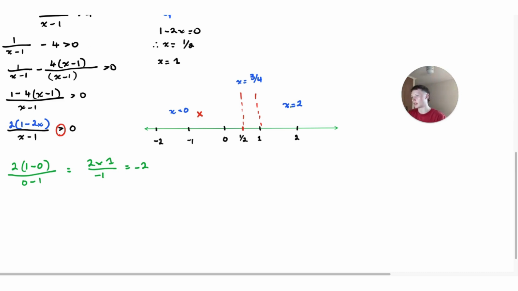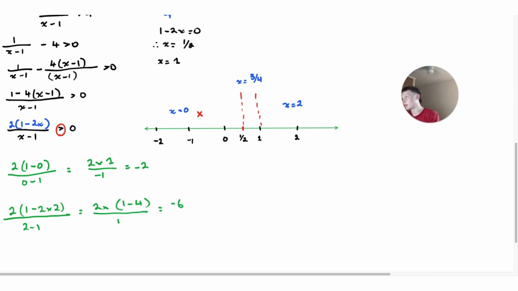If we jump over to the other side then, if we sub in 2, we've got 2 outside of 1 minus 2 times 2, and x minus 1, 2 minus 1 on the bottom. That's going to equal 2 times 1 minus 4 over 1, which is going to be 2 times negative 3, which is negative 6.